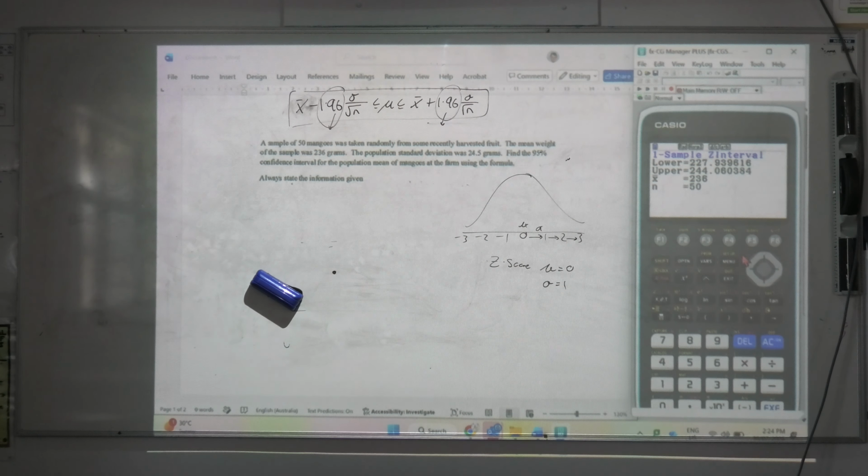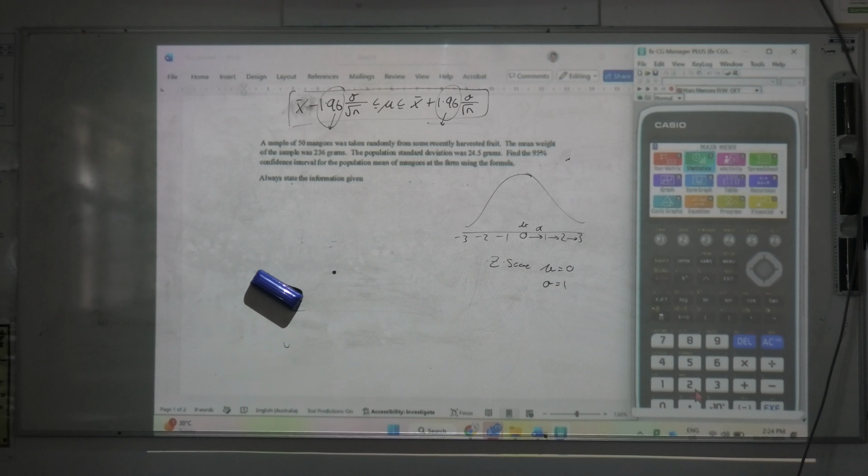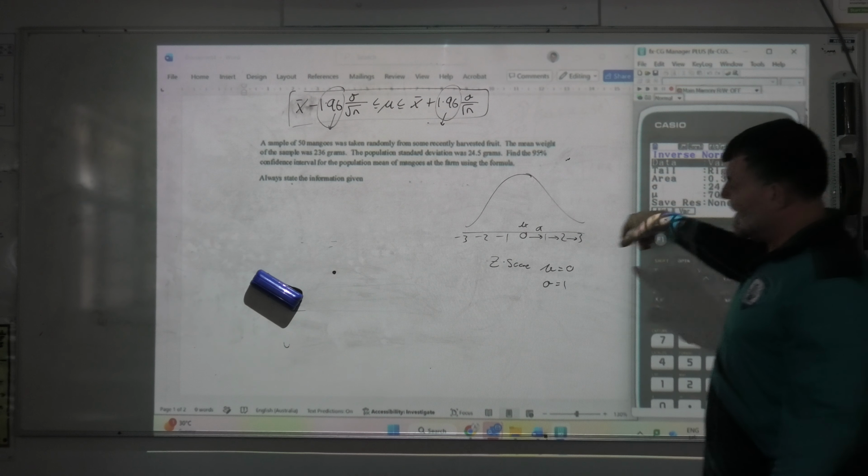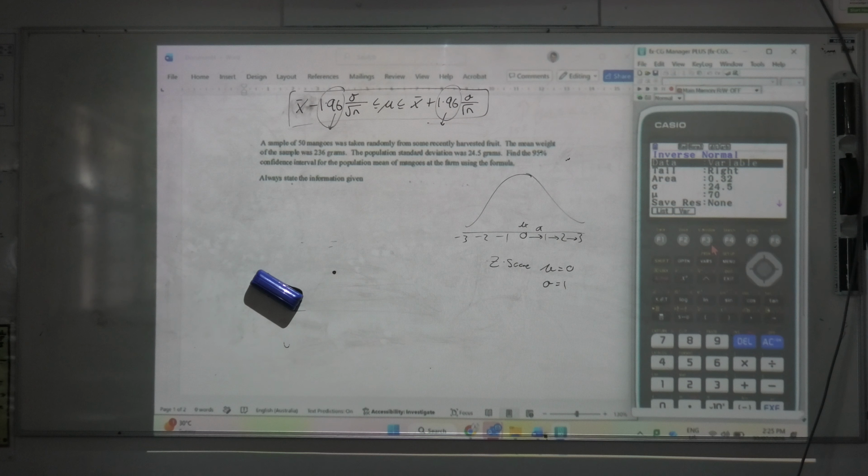So let's go back into your calculator, go to 2, we're going to go distribution, norm, inverse norm, and this is where we start changing this data up here now. Instead of having a tail that's right, we want a tail that's center.